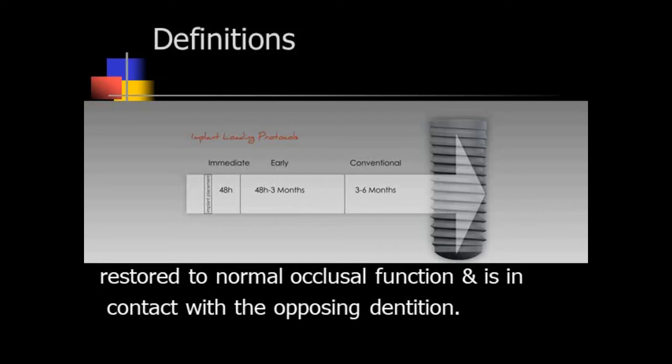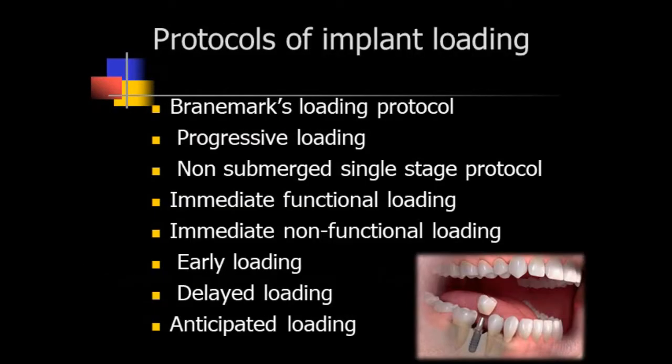So these are the basic protocols, and let us see the various other protocols of implant loading. Here are the 8 different protocols of implant loading. That is Brånemark's loading protocol, progressive loading, non-submerged single stage protocol, immediate functional as well as non-functional loading, early loading, delayed loading and anticipated loading.